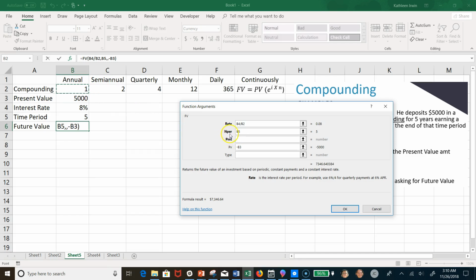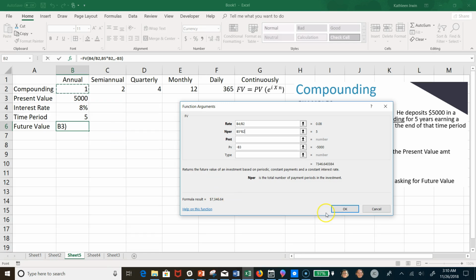Then on our number of periods, we want to come down here and multiply by that number of periods here. And that is our only addition that we need to do to our formula. And now we can copy this over to all of our other cells.